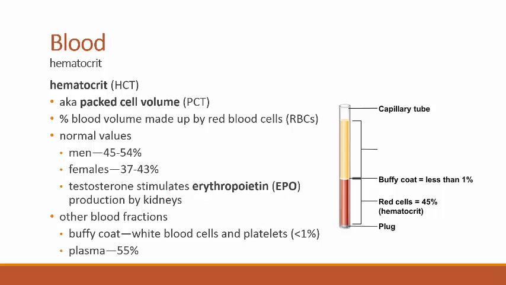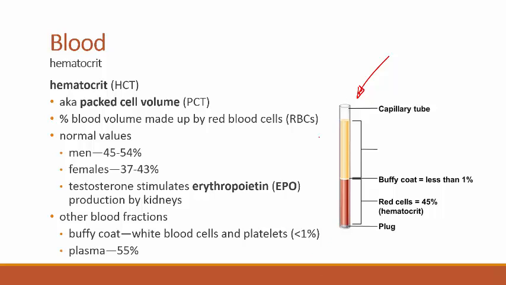The gold standard for measuring hematocrit would be to fill up about a 10 centimeter capillary tube. That's a very thin glass tube, and blood gets drawn up into it by a physical property of fluids called capillary action. And so it's just automatically drawn up.